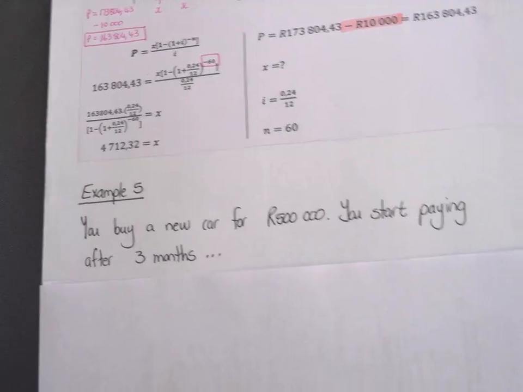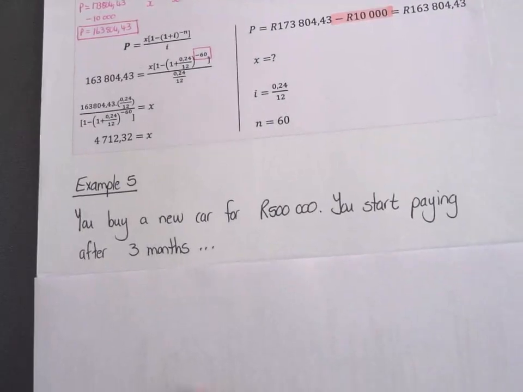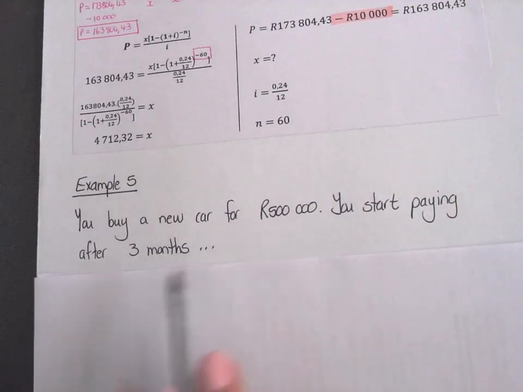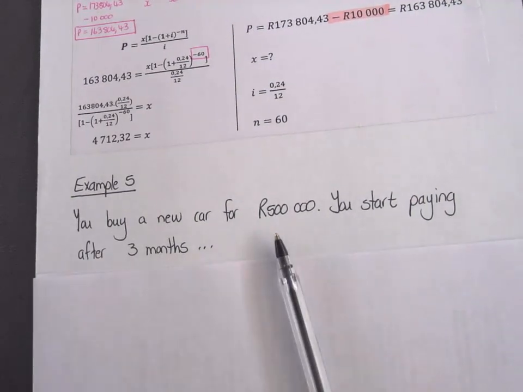The example says you buy a new car for 500,000 Rand. You start paying after 3 months. They usually do that in November, December. The car dealer tells you, you can take the car, we'll arrange for a loan, but you can start paying after the Christmas period.